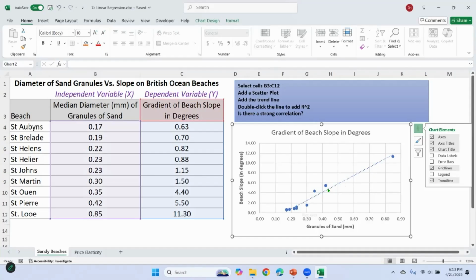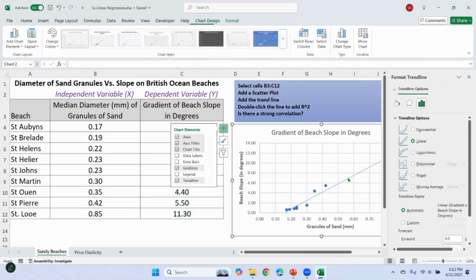So now looking at the data, we want to say if it is strong or moderate or weak, correct? To do that, if we have a number, that will be helpful, right? So that is the R square value. To add it, we can simply double click this dotted line, the line of best fit that we added.